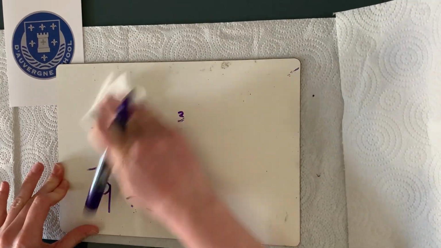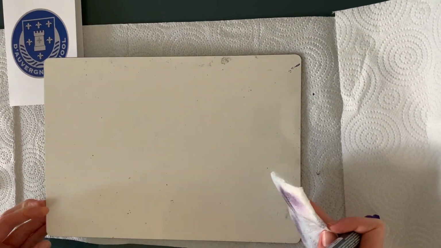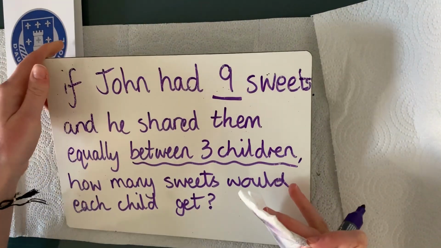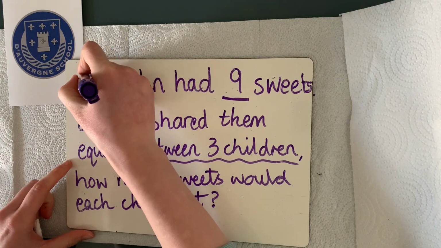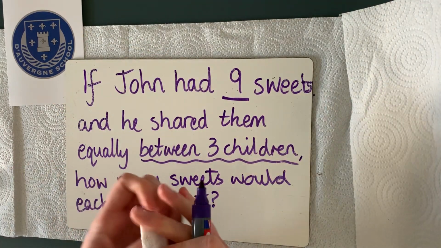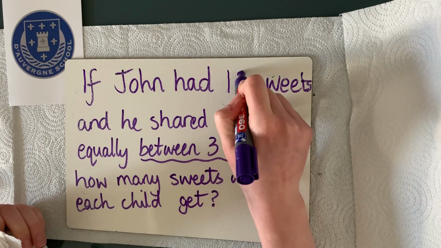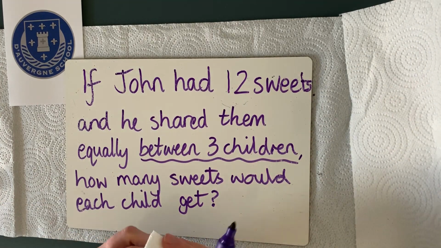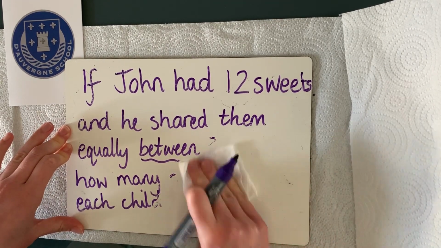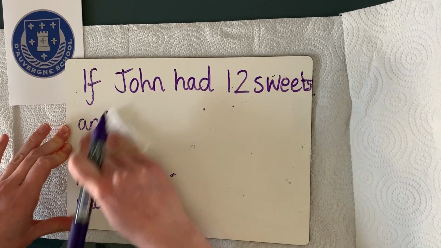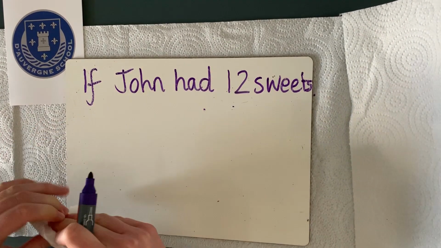Now let's have a look at this next example. This time, John has 12 sweets. And John is going to put those 12 sweets into bags of 4. So each bag is going to have 4 sweets in it.